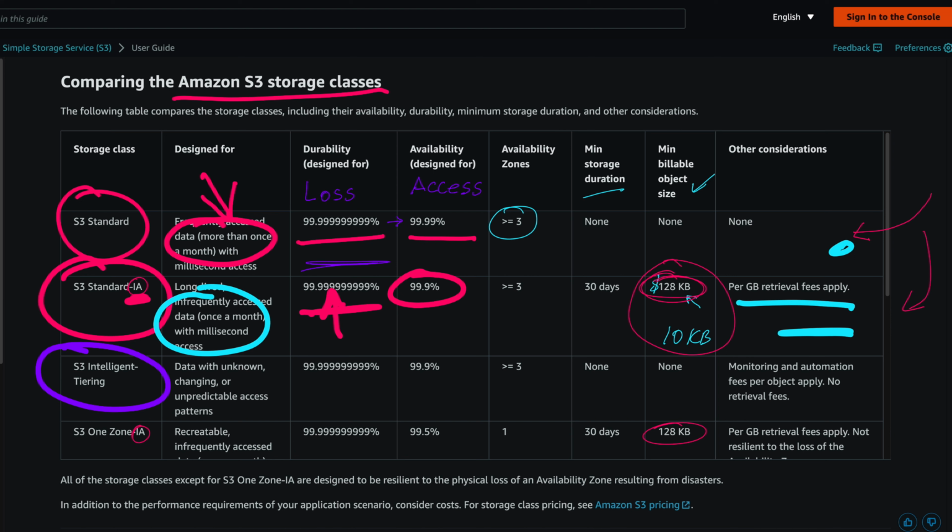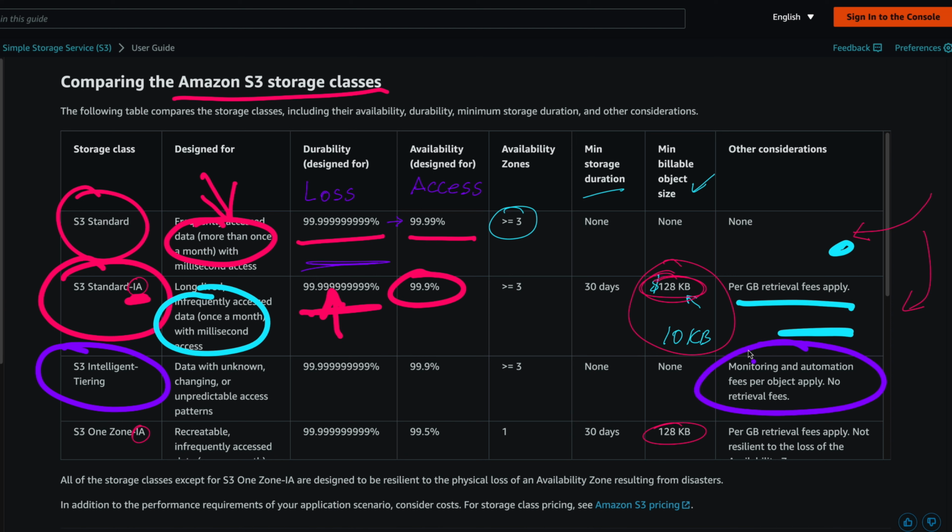Now with S3 Intelligent-Tiering, it essentially monitors your objects. And then based on the patterns it detects of how frequently those objects are being used, it'll actually transition some of your objects between the different storage class tiers. Now, because of all this monitoring and automation that AWS is providing us behind the scenes for this Intelligent-Tiering storage class, there's a small fee per object.